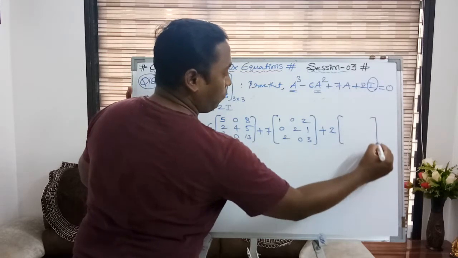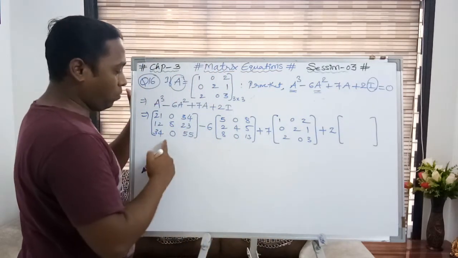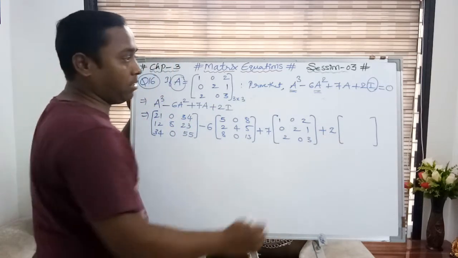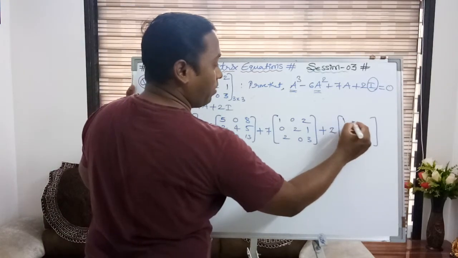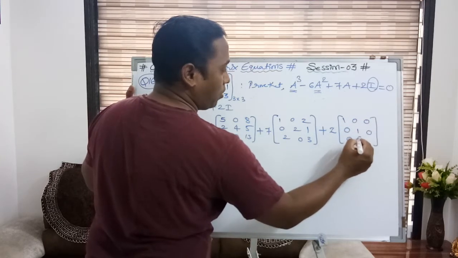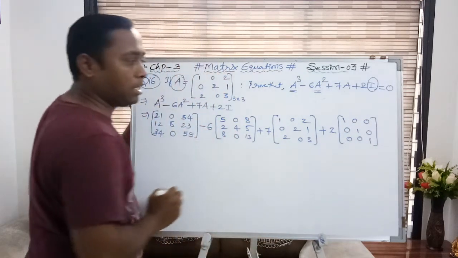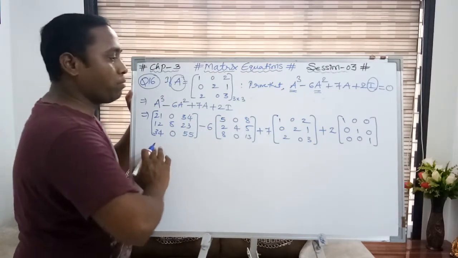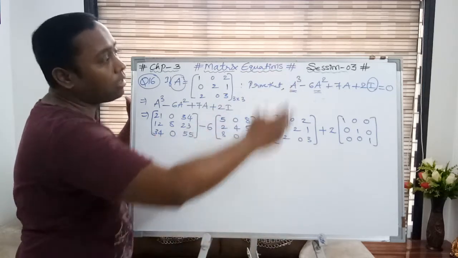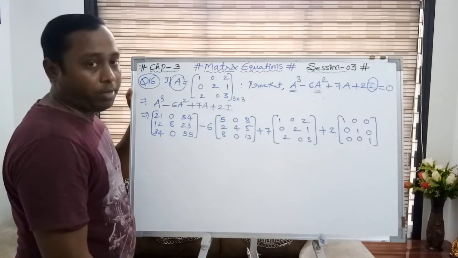Identity matrix of what order should it be? What is the order of everything? 3 by 3. So we will also take the identity matrix as a 3 by 3 matrix. So it would be 1 0 0 0 1 0 0 0 1. It's called the identity matrix. Now just by simplifying this, if you are able to get the 0 matrix, that is the RHS part, it would be over.